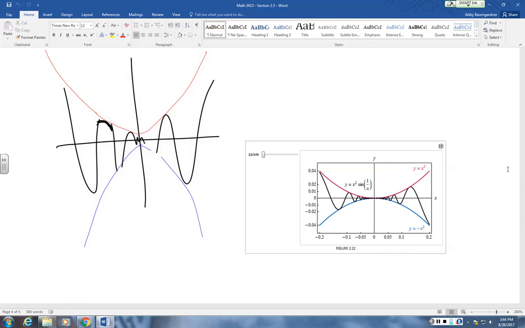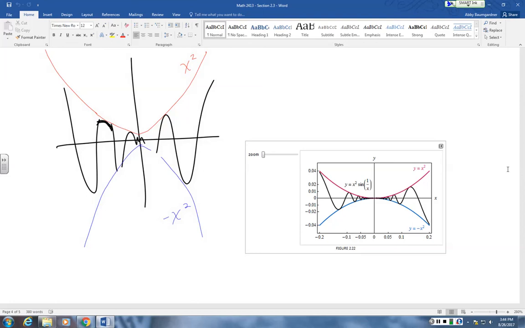So what does that mean for us? Well, I don't know about you, but a squiggly sine function that's bouncing all over the place is more intimidating than a parabola or two, right?